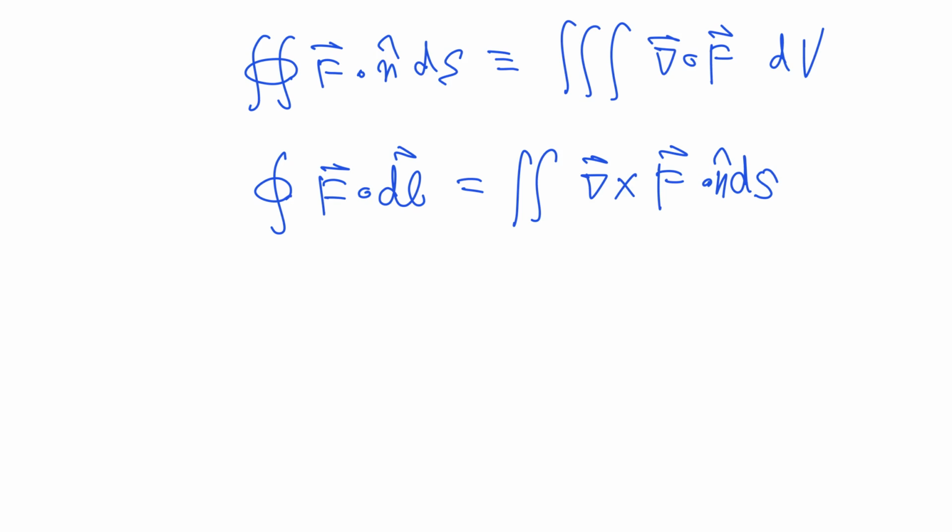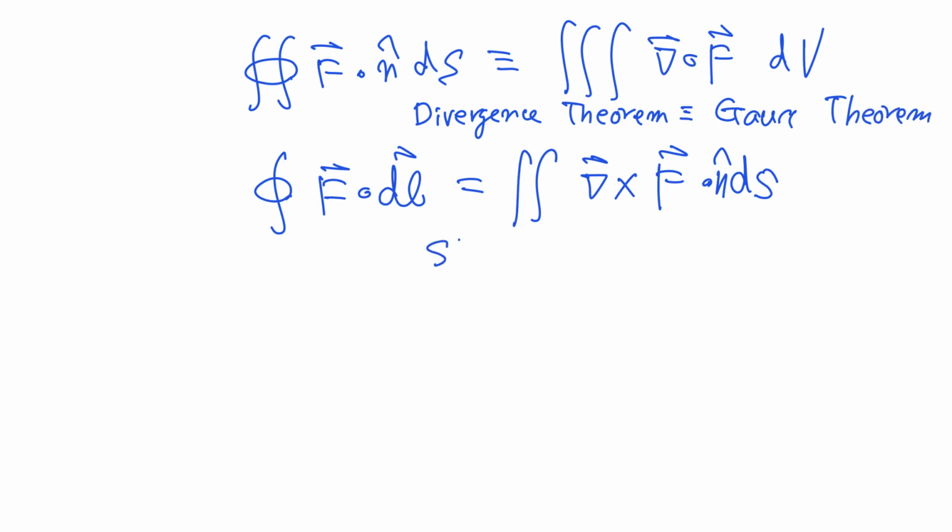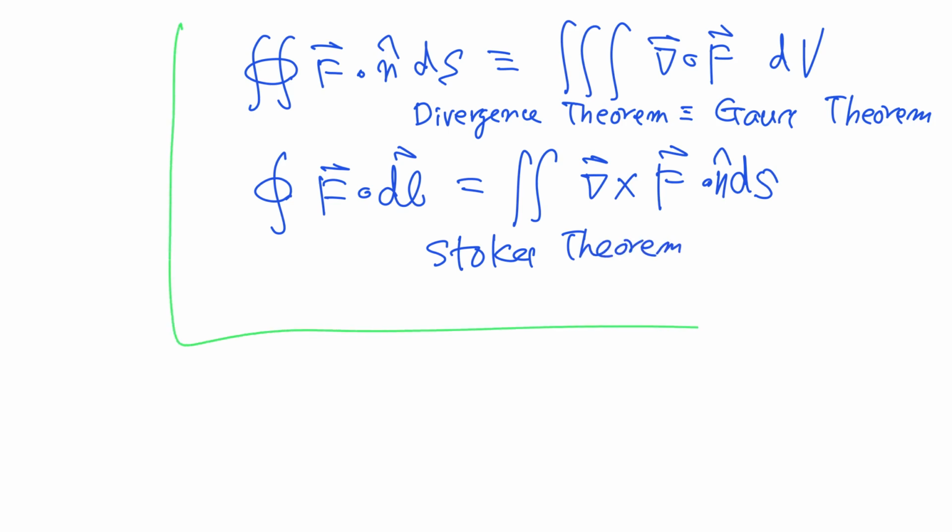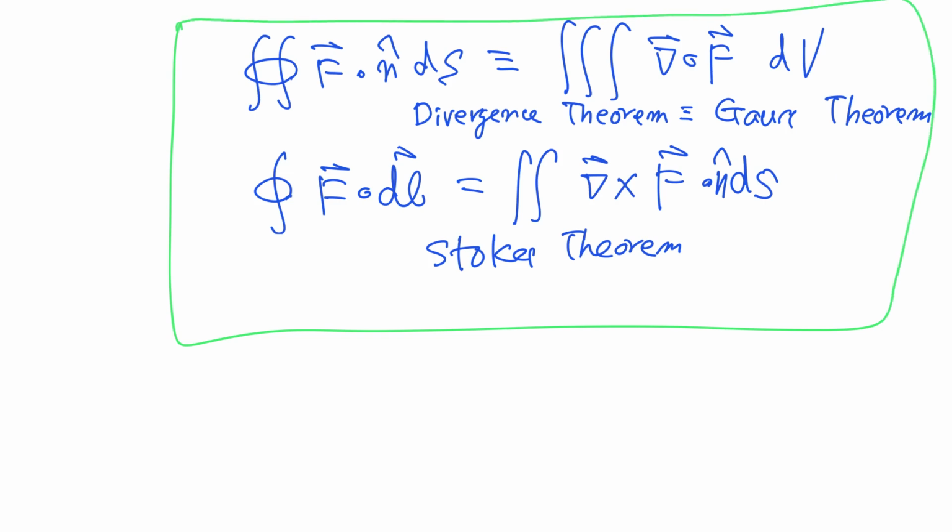So this is called the divergence theorem, sometimes called the Gauss theorem. The other is called the Stokes theorem. So these are the two most important theorems that you need to learn from vector analysis.